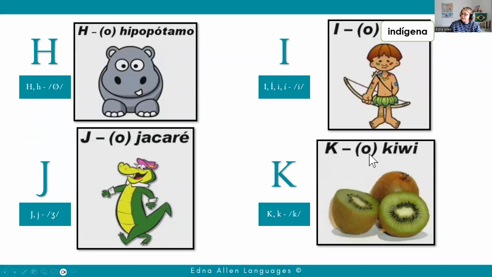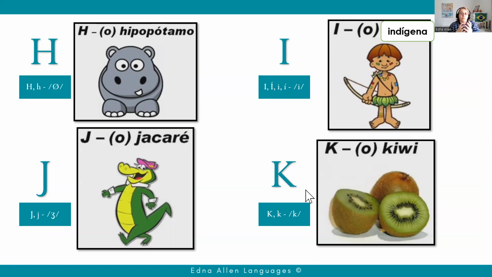Let's go on then. And then we have K. In Brazilian, well, not only Brazilian, but in Portuguese in general, we don't have any words with K, W, or Y. These letters were just added to our language after the agreement that was signed by the Portuguese speaking countries by the end of the 90s.